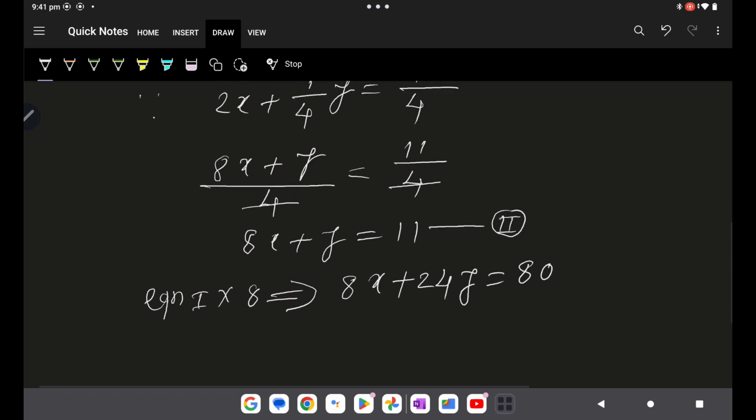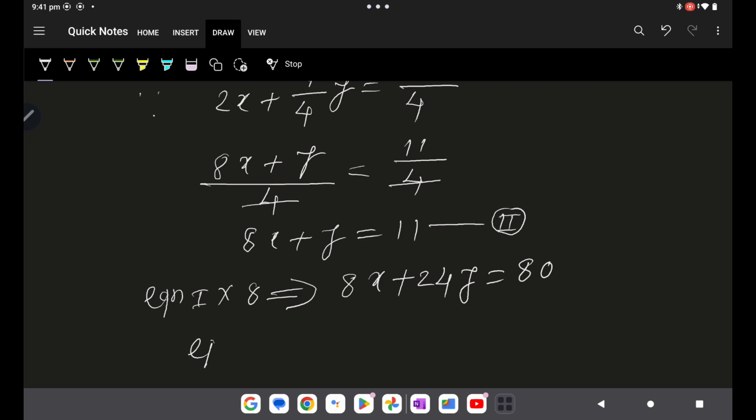Next equation second as it is, equation second multiplied by 1, that is 8x plus y is equal to 11.